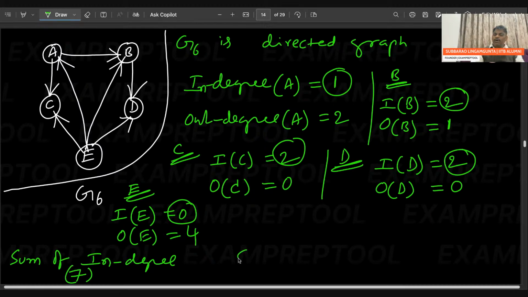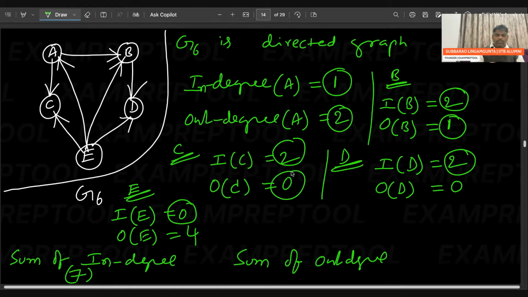Next, sum of out degree also find out. Sum of in degree 7, I understood. Sum of out degree, how much? 2 here, 1 here, 0 here, 0 here, and 4. 2 plus 1 is 3, 3 plus 4 is 7.